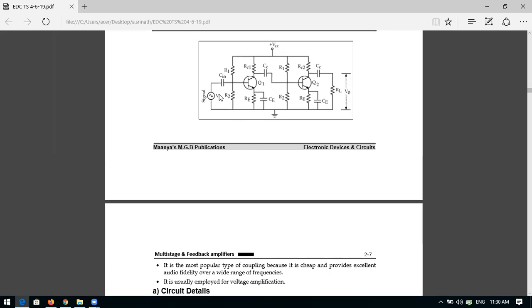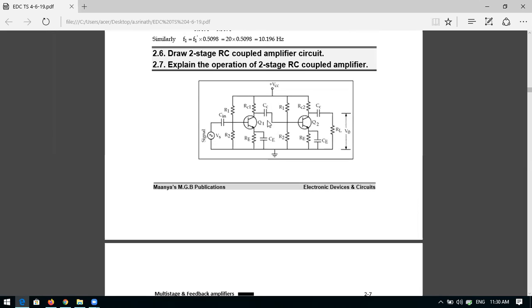So what is the main purpose of this capacitor CC? It couples the first stage to the second stage. The second purpose is to block the DC signal. Why does DC come into the picture? Because VCC is the power supply which adds DC to the circuit.